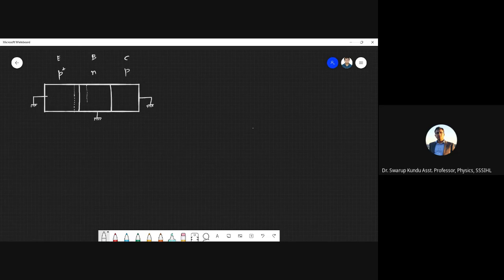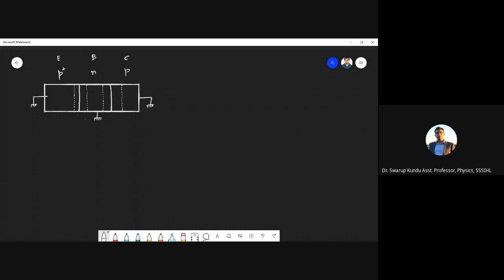So the depletion width will be a little bit more. And the collector is very lightly doped compared to all these two, so your depletion width will be the highest one, right? So this is how the perspective way of drawing it. Of course, they are not in scale.